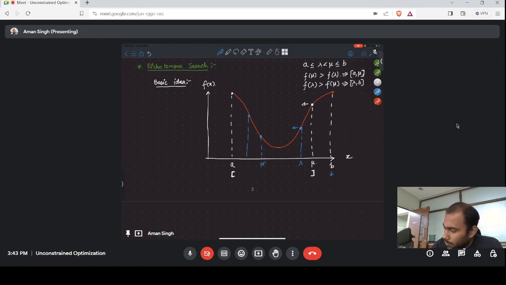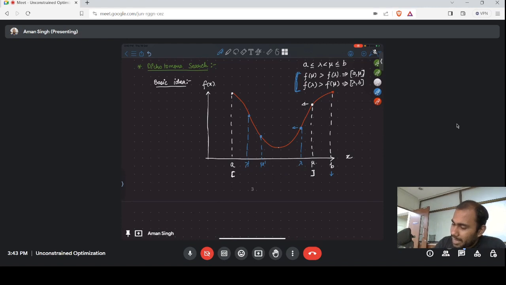You can also think, what if lambda and mu are on two different sides of the minima? Then also this procedure works. You can take some time and think about that. I have only taken two examples, but if they are on two different sides of the minima, this procedure will still keep the minima inside the interval.